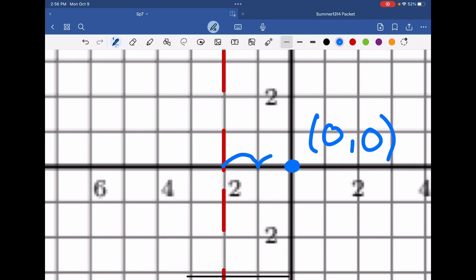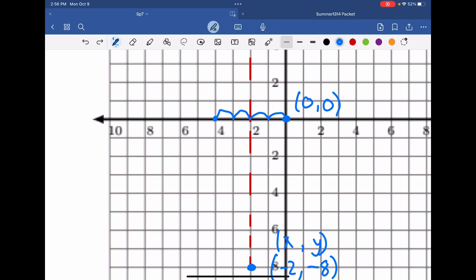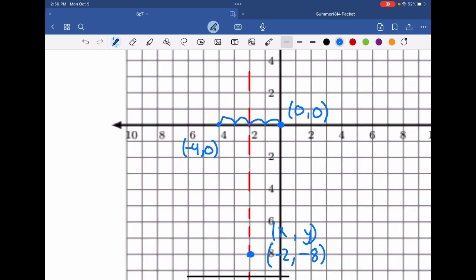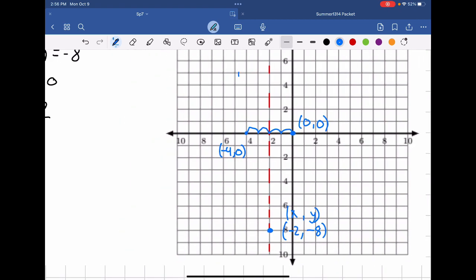So we have 2 spaces away on the right, so we're going to go 2 spaces away on the left. All right, so those are our 2 x-intercepts, 0, 0, and then this one is negative 4, 0. And now we can graph our function.